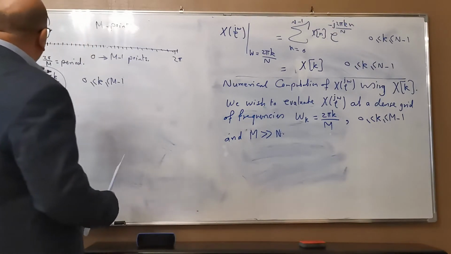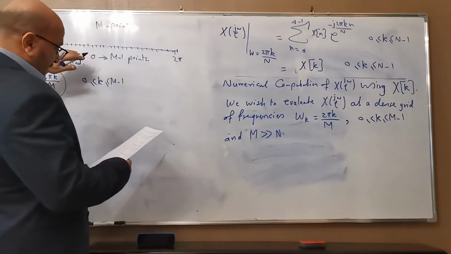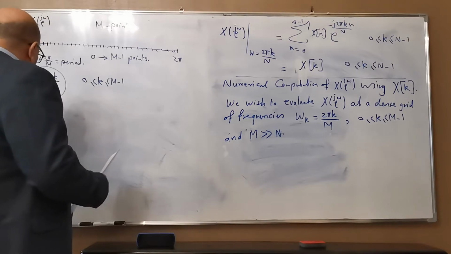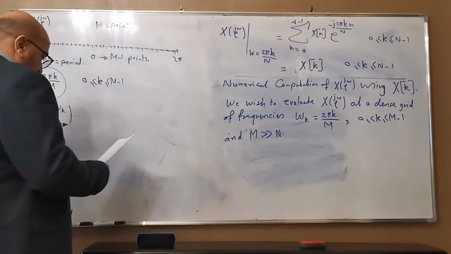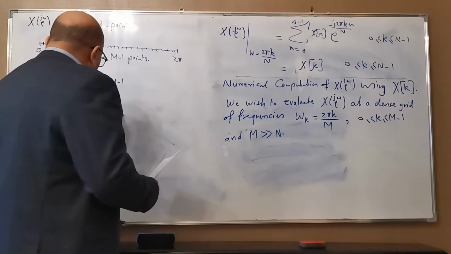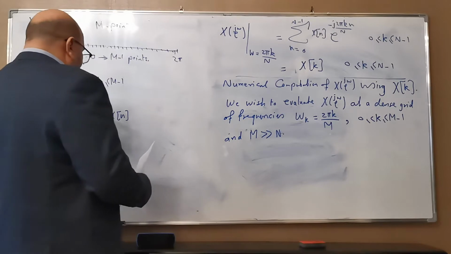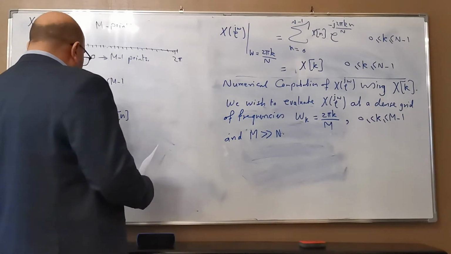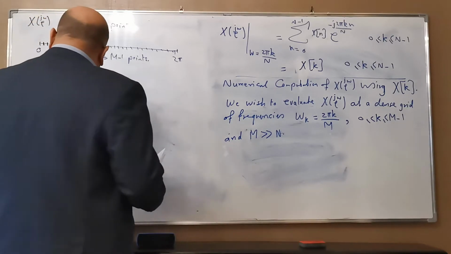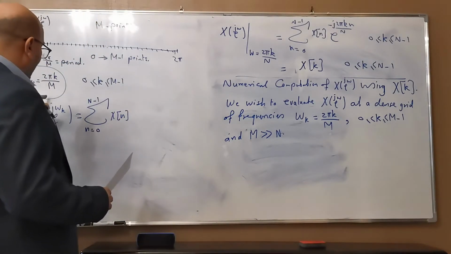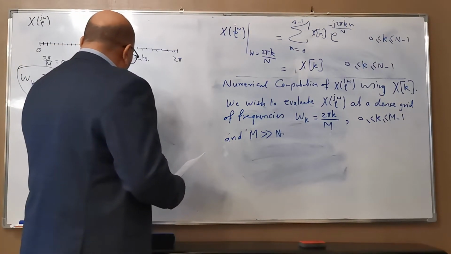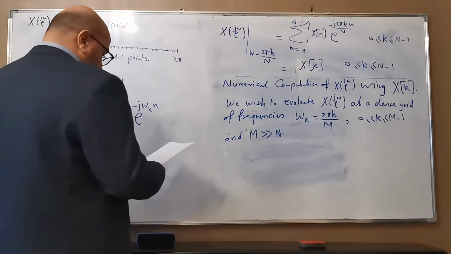Okay, so this is what we mean by x of e to the j omega, and the definition of x of e to the j omega k is the summation of x of n. Notice that x of n still is of length N, so this is from n equals 0 up to N minus 1. Now the frequency omega k will be substituted inside, so this is e to the minus j omega k n.